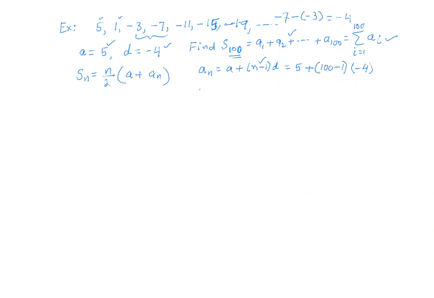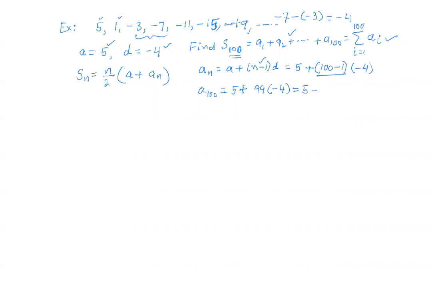A sub 100 is going to be 5 plus 100 minus 1, which is 99, times negative 4. 99 times 4 is 396. So it's going to be negative, because 99 times negative 4 is a negative number.